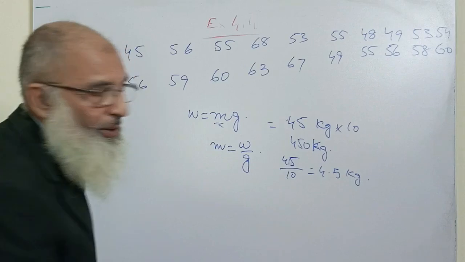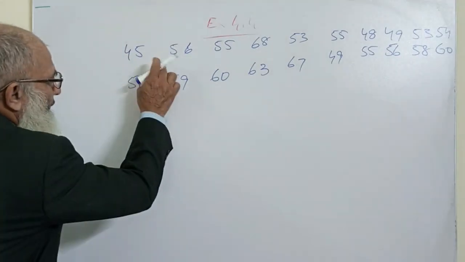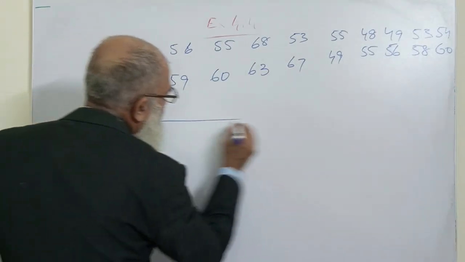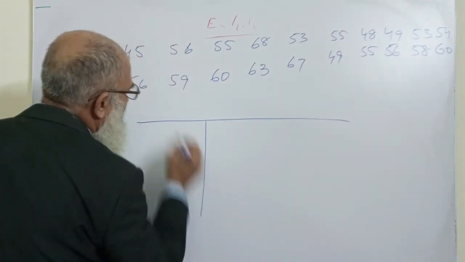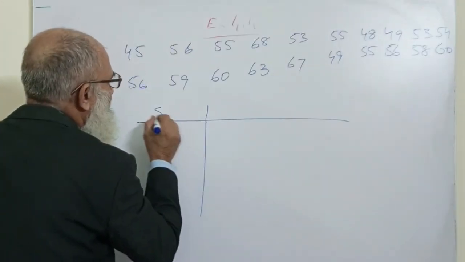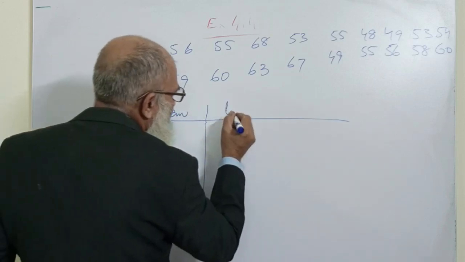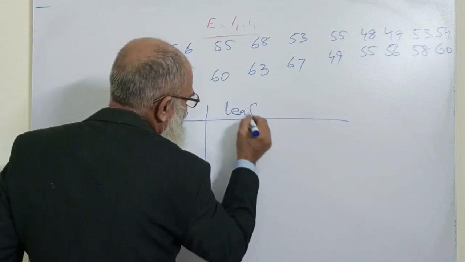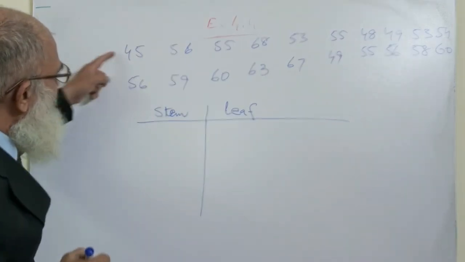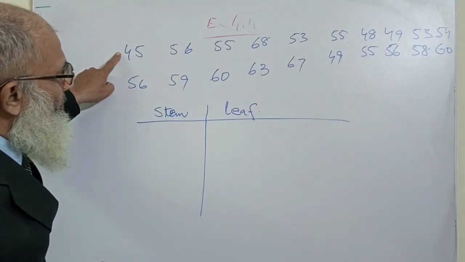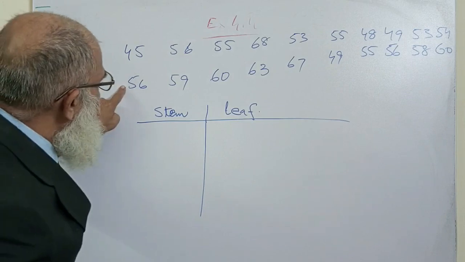Now this is very simple. Taking this data, we draw the stem and leaf. Start from 4, 5 and 6.